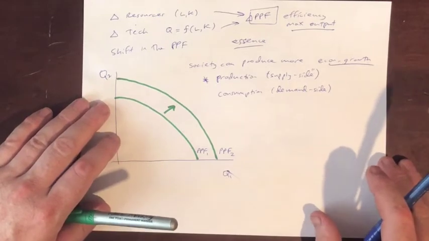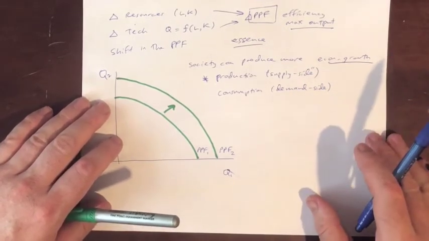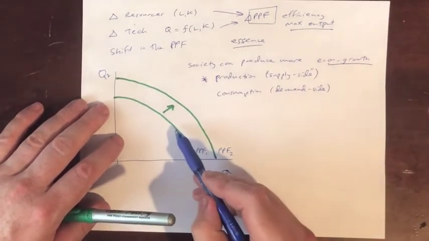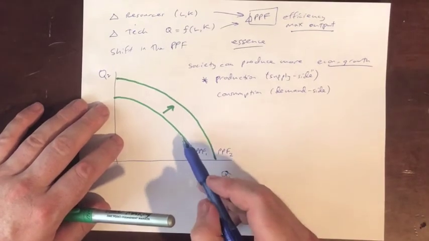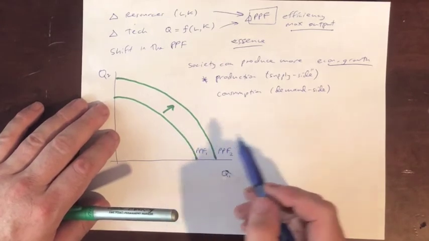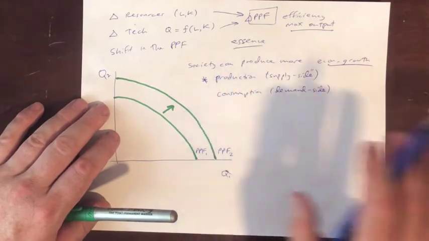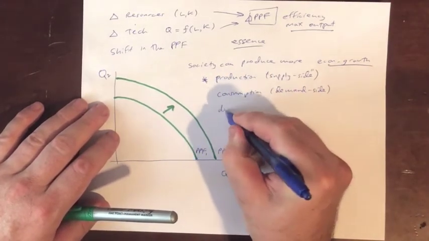They see that as the essence of society's ability to produce, okay? So very, very important, all right? This shift in the production possibilities frontier represents something incredible that's happened here, right? Society is capable of producing more, okay? Now, we haven't talked at all about the third aspect of the economy, which is distribution.